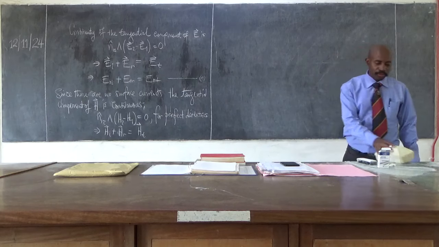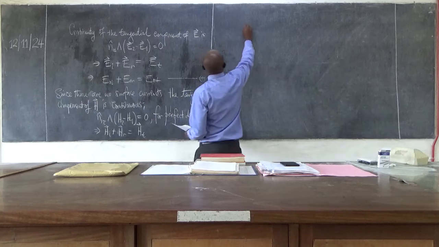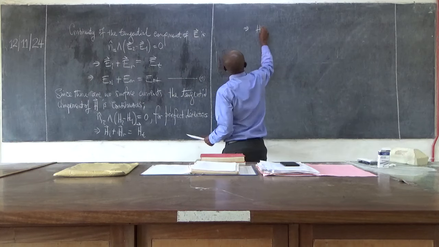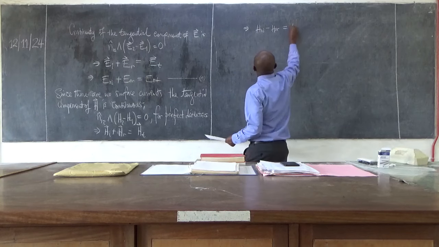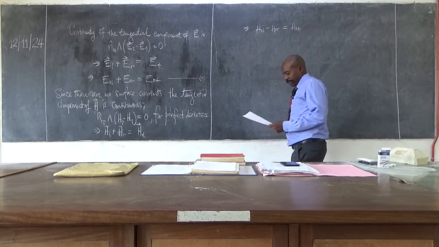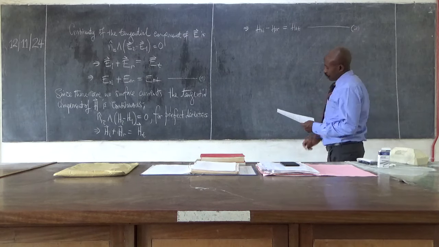Then I substitute such that this would imply that H naught I minus H naught R is equal to H naught T. And this one becomes our equation 2.